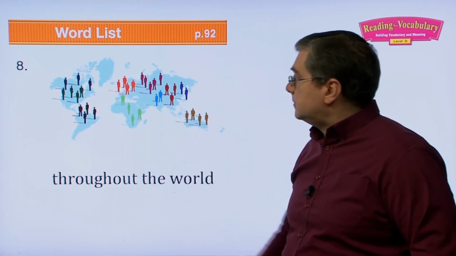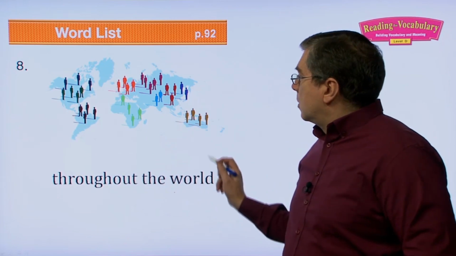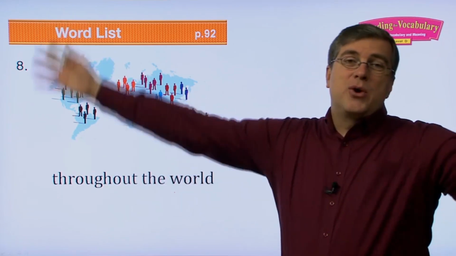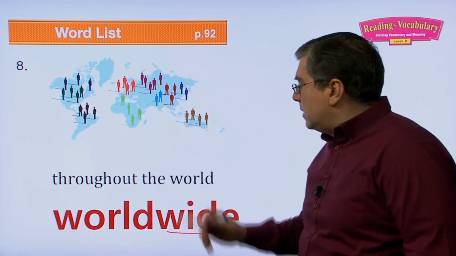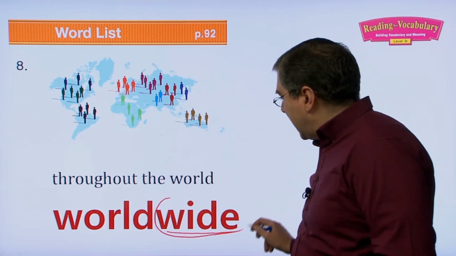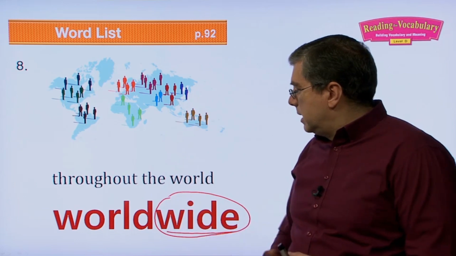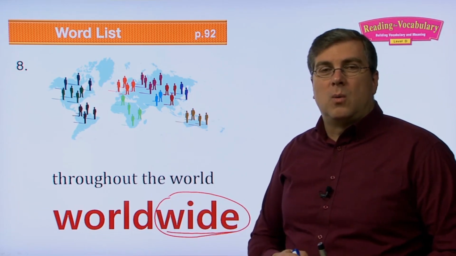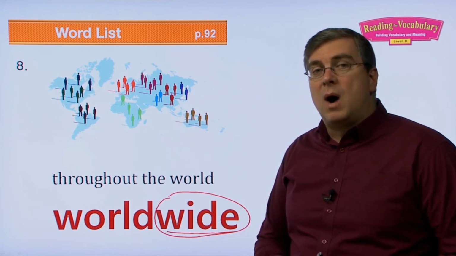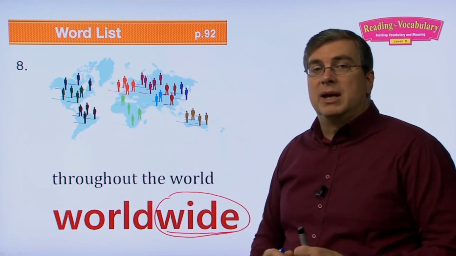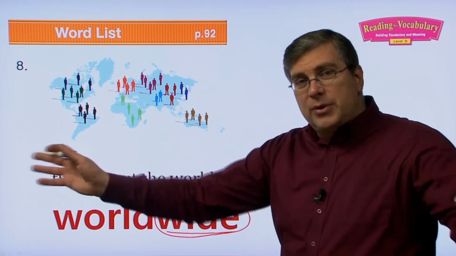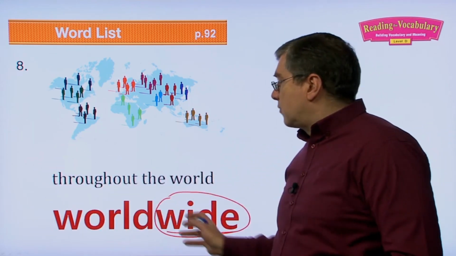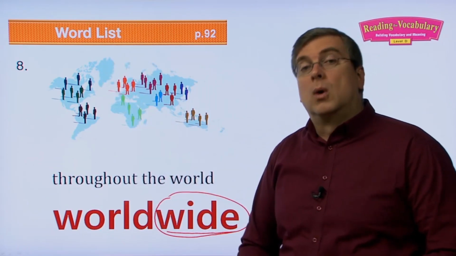Instant. Next, throughout the world. So something that is spread throughout the world is worldwide. And we use this suffix, this ending for the word quite a bit, right? Worldwide. Company-wide, throughout the entire company, region-wide, nationwide, throughout the region, throughout the nation, and of course, we're talking about the whole world, worldwide.